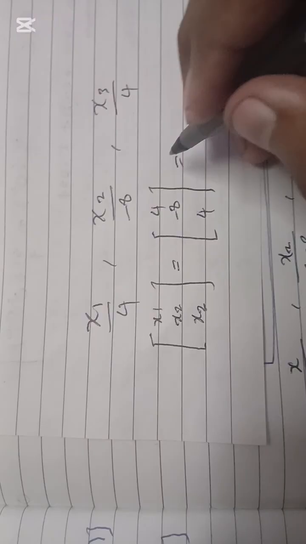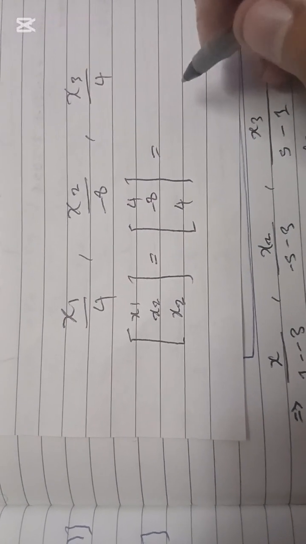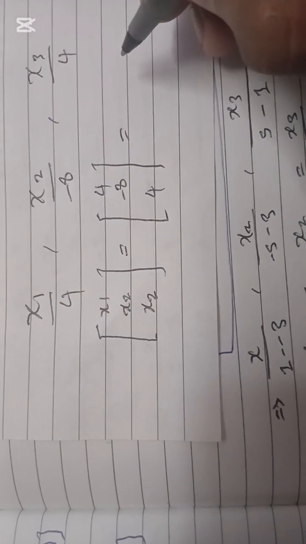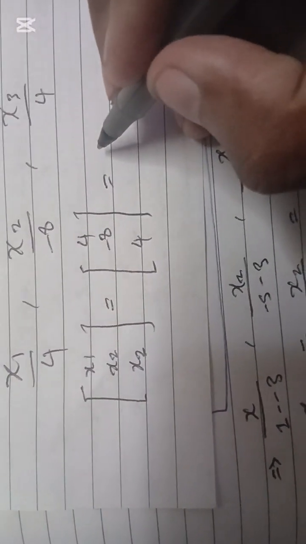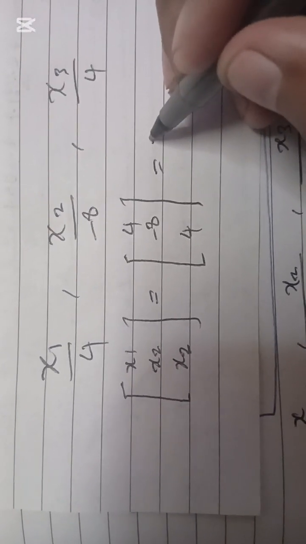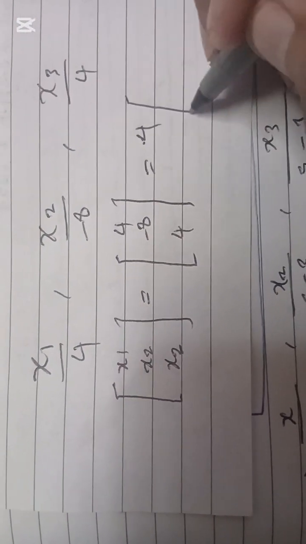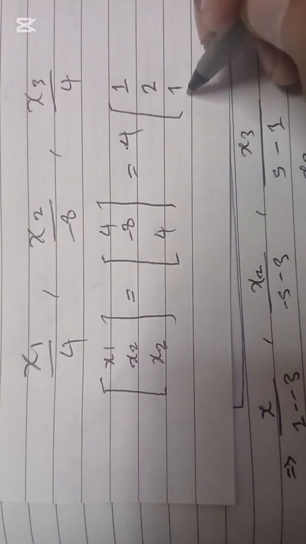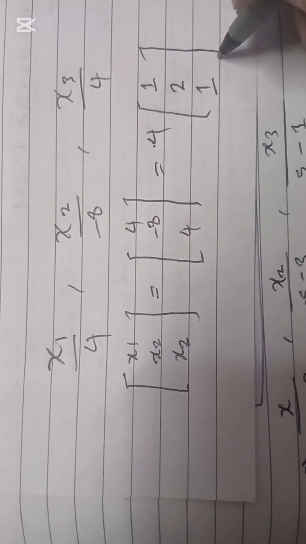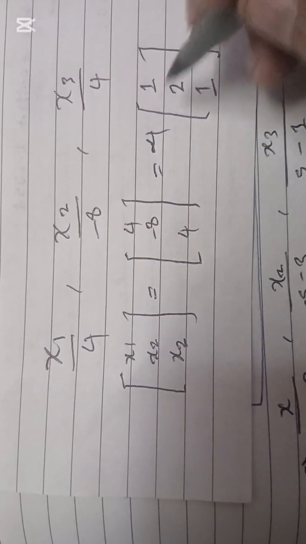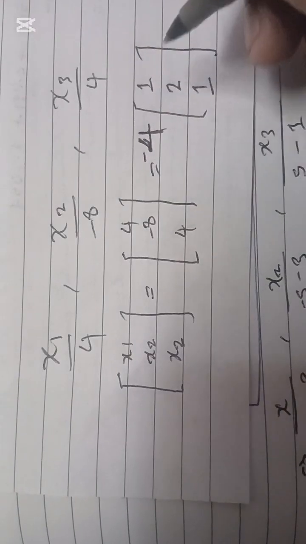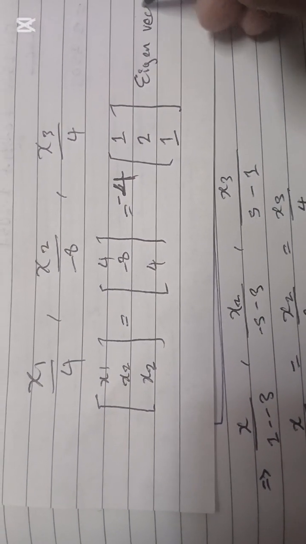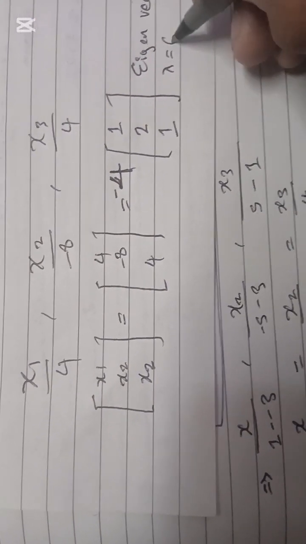And our final simplified eigenvectors, not eigenvalues, are, let's put 4 outside, and this one becomes 1, this one becomes 2, and this one becomes 1. Sorry, this one is 4 minus 4, and this is the eigenvector at lambda equals 6.